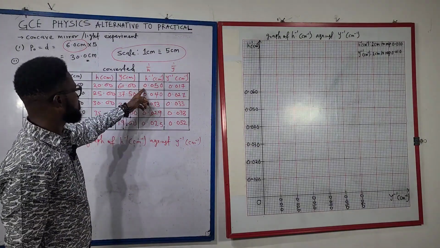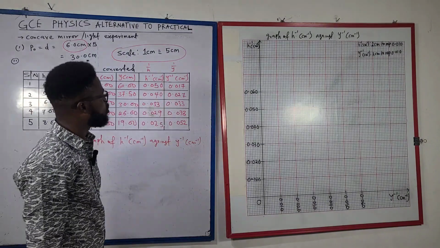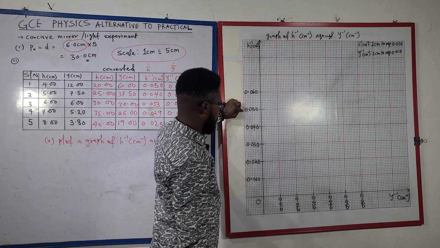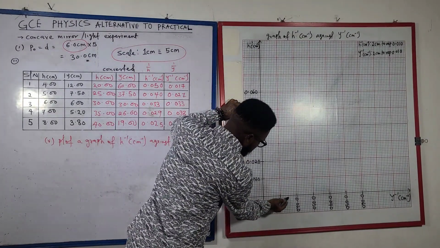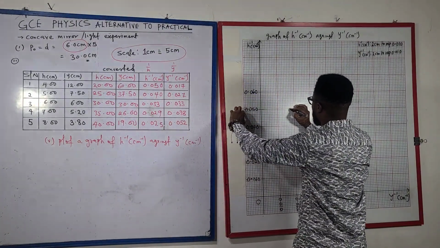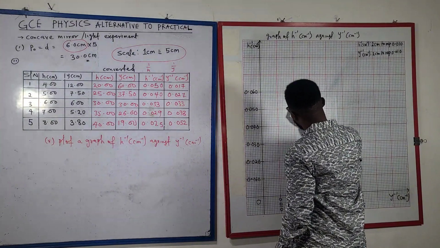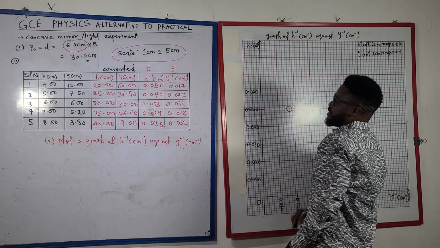When my h raised to power minus 1 is 0.05, I have 0.017 for y. That's 1, 2, 3, 4, 5, 6, 7. So I'm going to try to locate that. This is here. I need to dot that, and there we go.